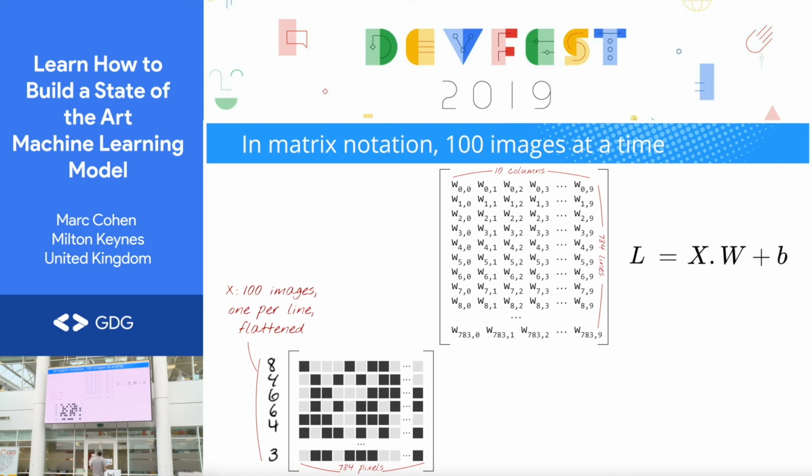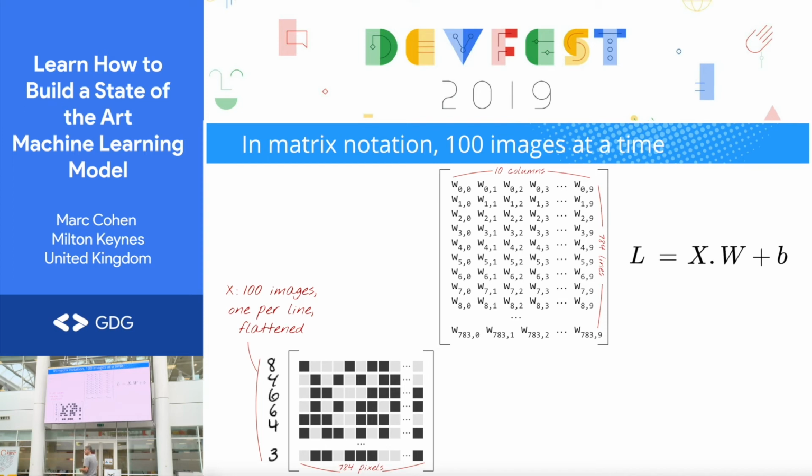Now, how we do this mechanically is we use something called matrix algebra. So you can think of the thing on the left as a stack of 100 images. Okay, so it's 100 tall. And it's 784 numbers wide, because each one of those images has this stretched out list of values. And the thing on the top is the weight matrix.